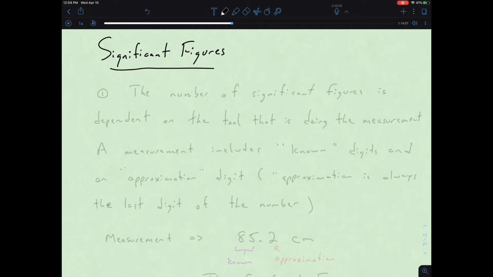So just to review what we talked about earlier here, the number of significant figures is dependent on the tool that is doing the measurement.